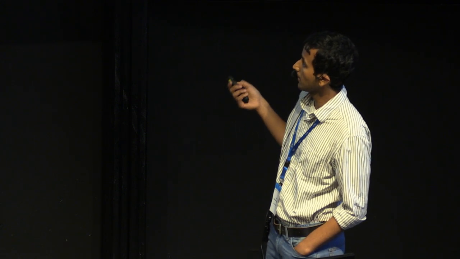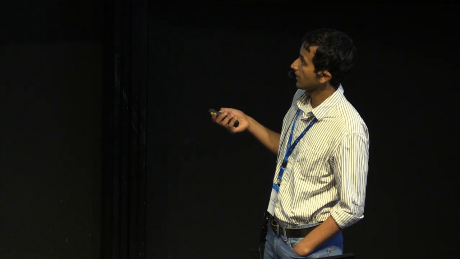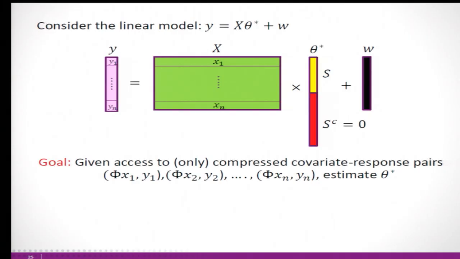So you save in the communication cost, and you also save in memory. This saves the communication by a factor of d by m. The question now becomes: when you have access to only these compressed covariate response pairs, these phi xi, yi, can you still estimate theta star? The linear model is y equals x theta star plus omega, but you only have access to the compressed version of the xi's.